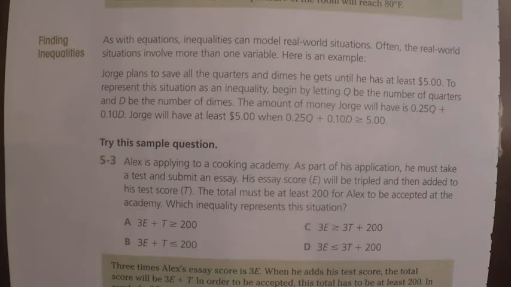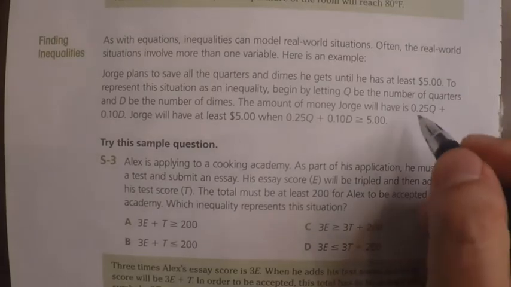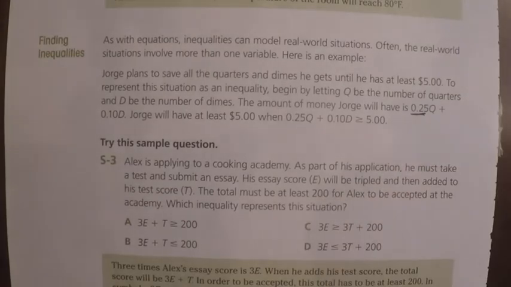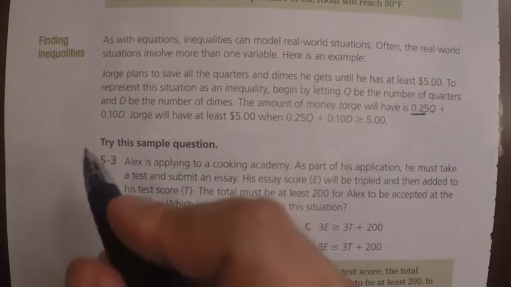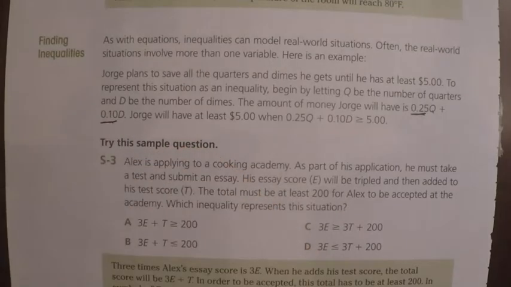Jorge plans to save all the quarters and dimes he gets until he has at least $5. To represent the situation as an inequality, let Q be the number of quarters and D be the number of dimes. The amount of money Jorge will have is 0.25Q plus 0.10D. So remember, 0.25 is the value of a quarter times the number of quarters, and 0.10 is the value of a dime times the number of dimes.